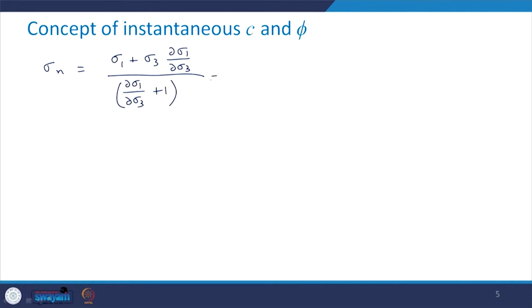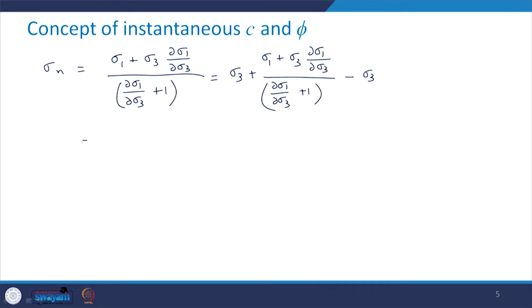We can further play with the terms in order to get a better form of this equation in this way, that is, I add sigma 3 and also subtract sigma 3 from this expression in this manner: sigma 3 plus 1 minus sigma 3.